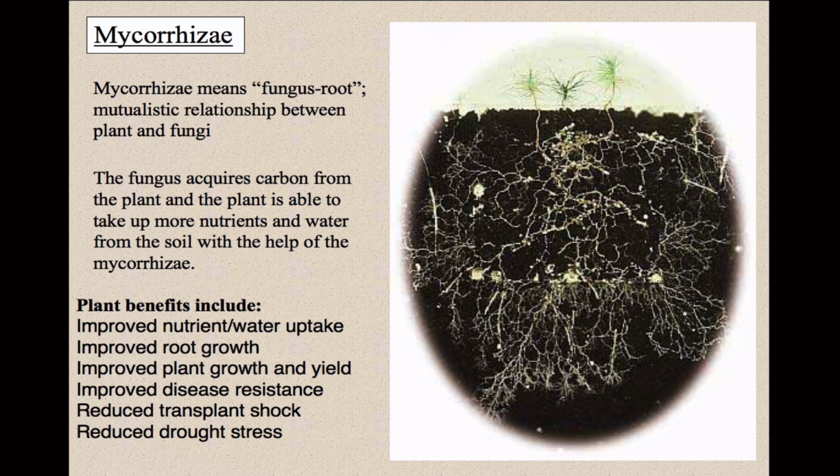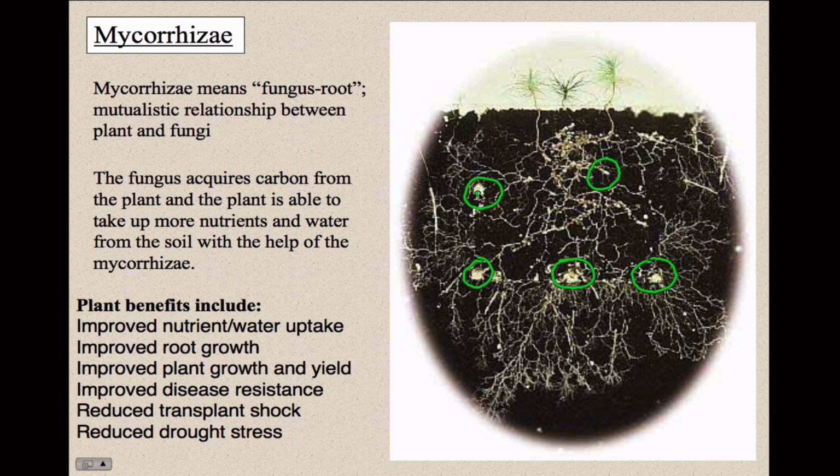And then there's something called mycorrhizae, and this means fungus root, and it's actually a mutualistic relationship between plants and fungi. So what happens here is these will form by the roots of plants, and they allow the plant to take up more nutrients and more water.